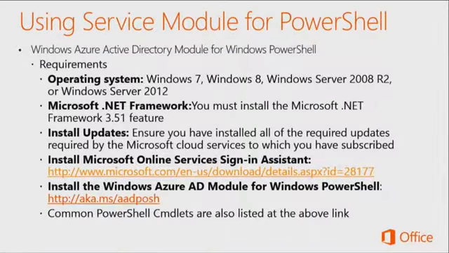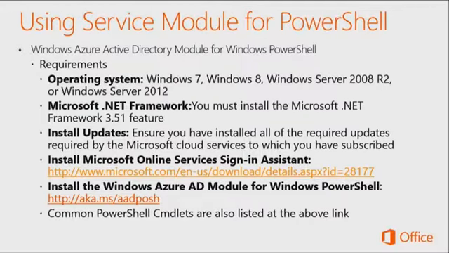So using the service module for PowerShell, it's got a new name, Windows Azure Active Directory Module for Windows PowerShell. And what does that mean? It's online, right? Azure loads the modules so we can manage. It loads the modules so we can connect. Operating system requirements: Windows 7, 8, of course, server platforms 2008 and 2012.